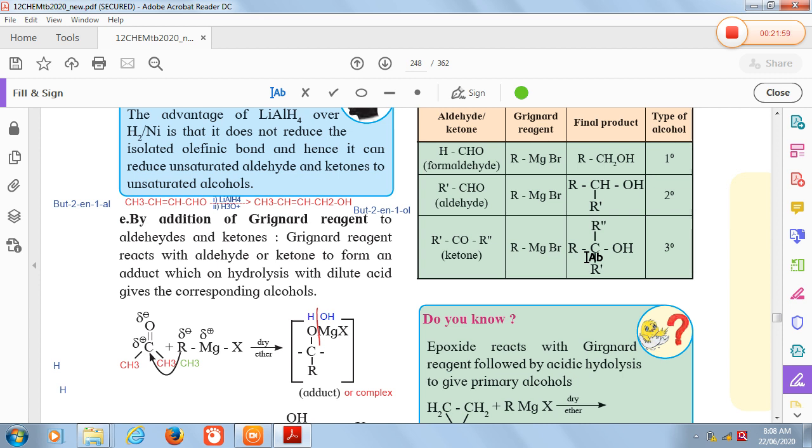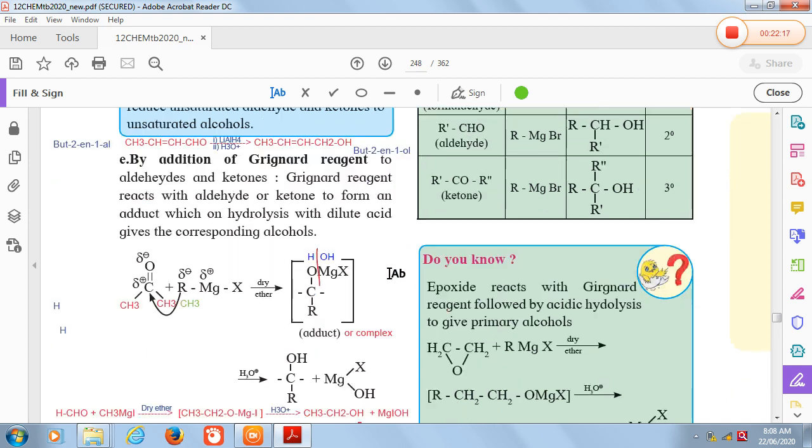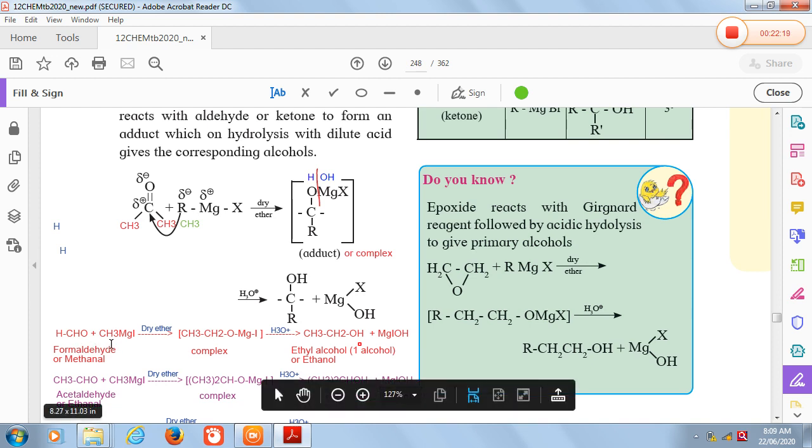So can you distinguish between simple reaction and reaction with Grignard reagent? If you observe here, in formaldehyde only one carbon is there, but in your alcohol there is more than one carbon. For example, formaldehyde reacts with methyl magnesium iodide, we get a two carbon alcohol.